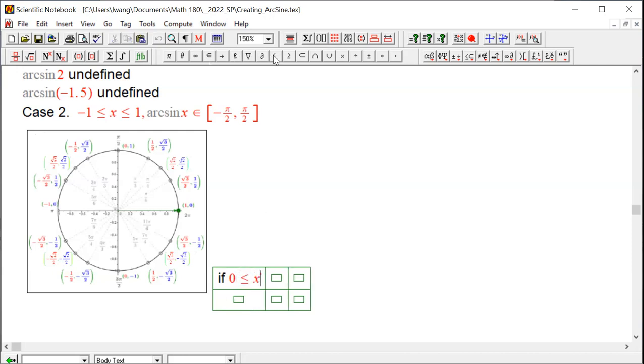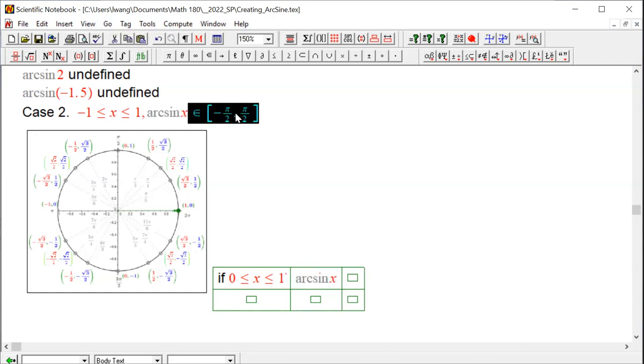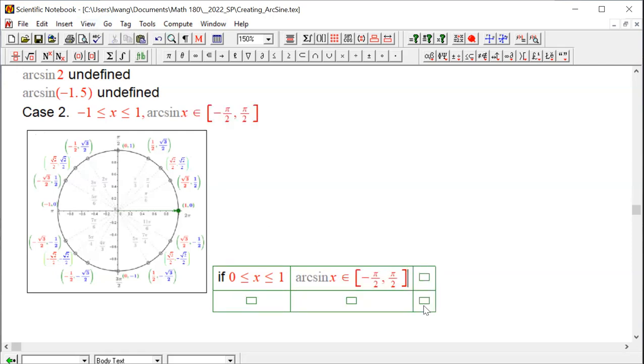If it's between 0 and 1, you should expect ArcSine to give you an angle between 0 and π/2. Guaranteed.